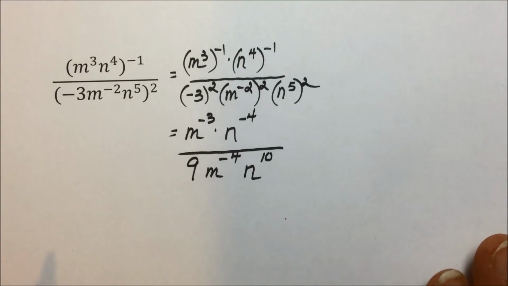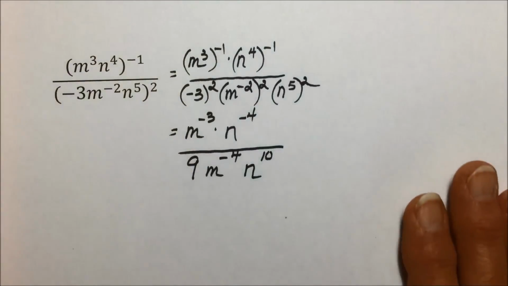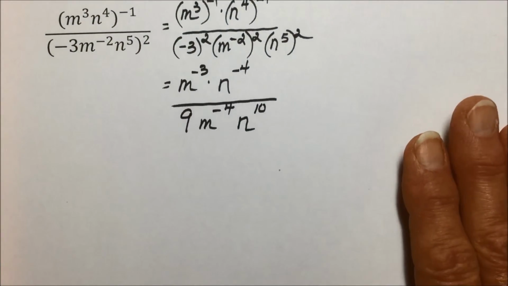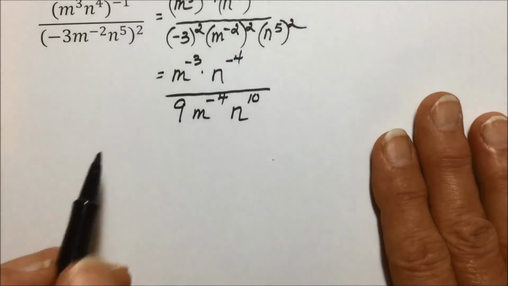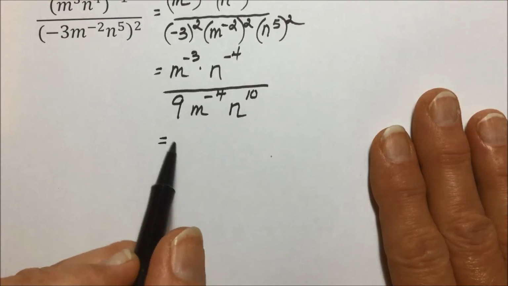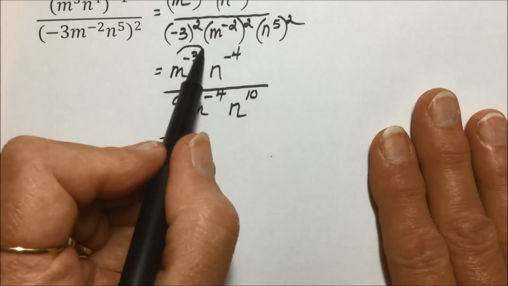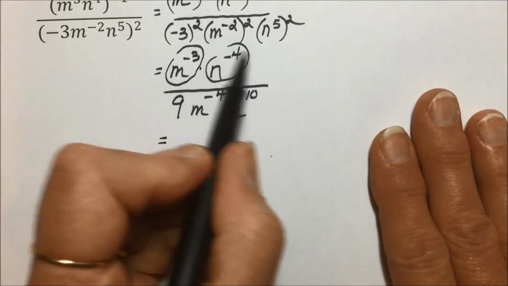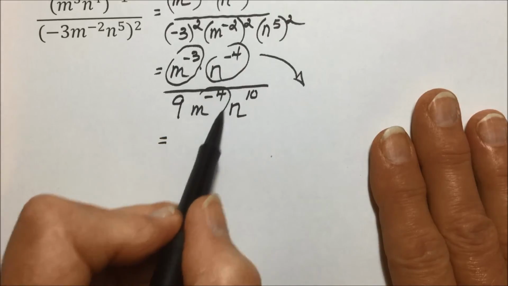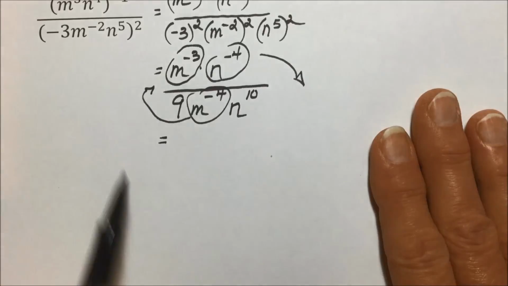Whether you subtract your exponents or you move your negative exponents, it's kind of six of one and half a dozen of the other, your choice. If we eliminate the negative exponents and simplify as our option, that means these two terms will go down, this term will go up.